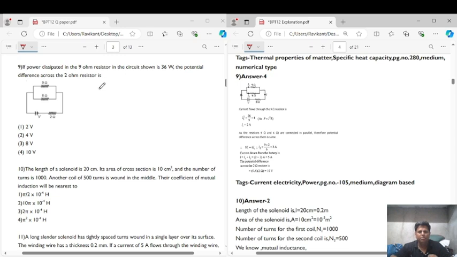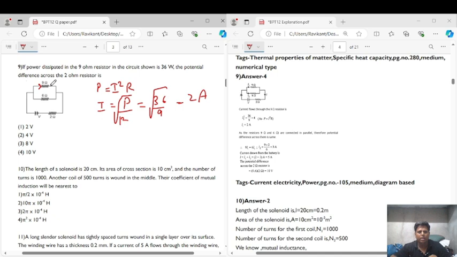So power is given as I square R. Now from here we can say that current I will be equal to the root of power upon resistance, that is the root of 36 upon 9, and that is equal to 2 ampere. So 2 ampere current is flowing in this 9 ohm resistor.